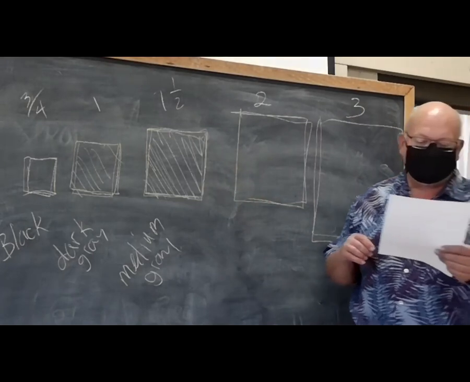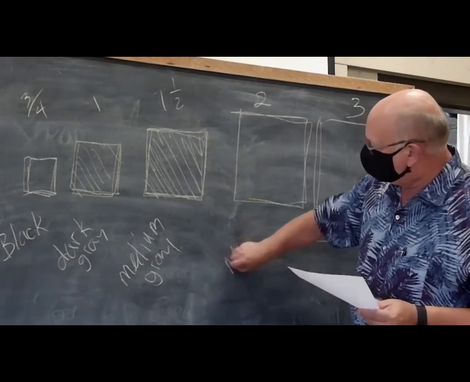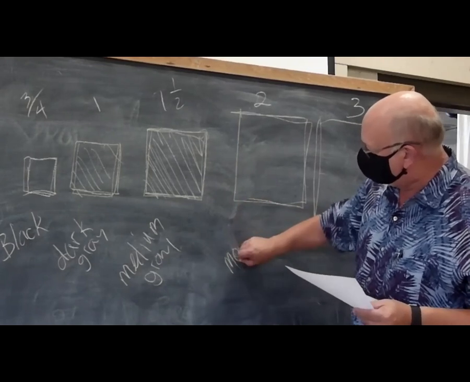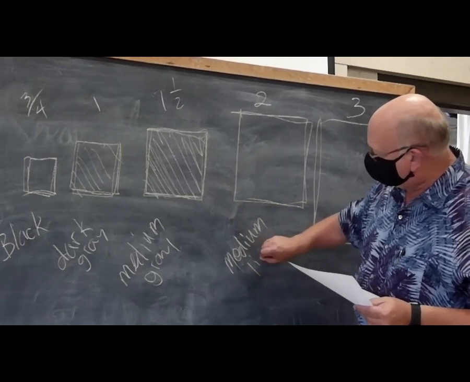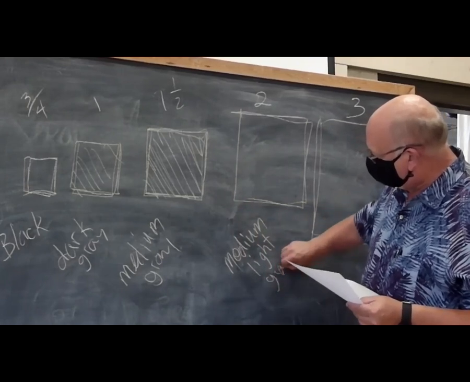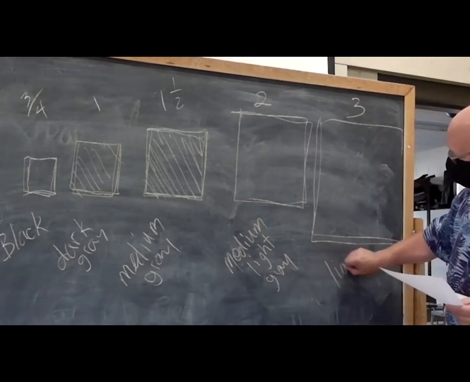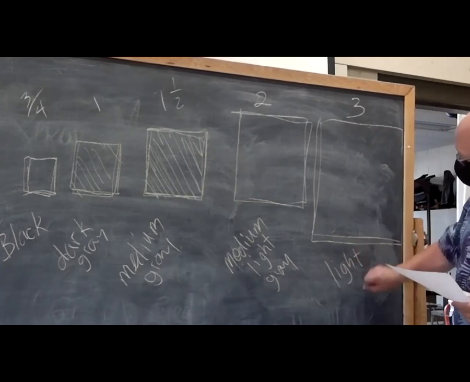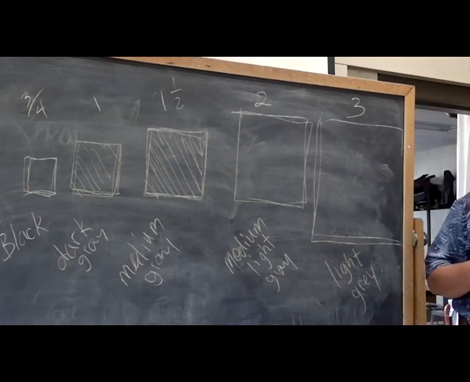And so we go, the 2-inch square is going to be medium light gray. And this one is supposed to be a light gray then, or what we would call a high key gray when we get to that point. This is supposed to be chapter 6, so it's way down the road here.